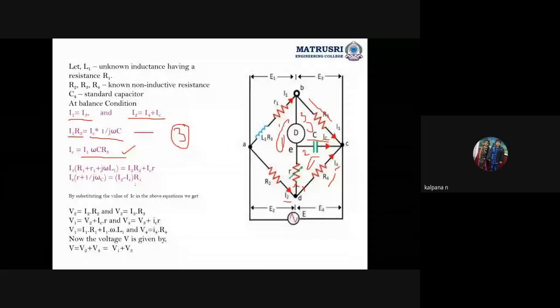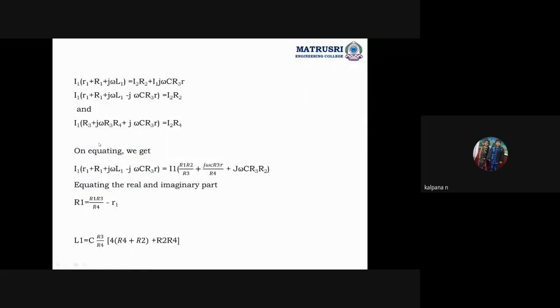After substituting IC in this equation, we are getting these values. This is the one equation. These two values we are getting, and this is the simplification of this one. So from these two values, I2 is common.